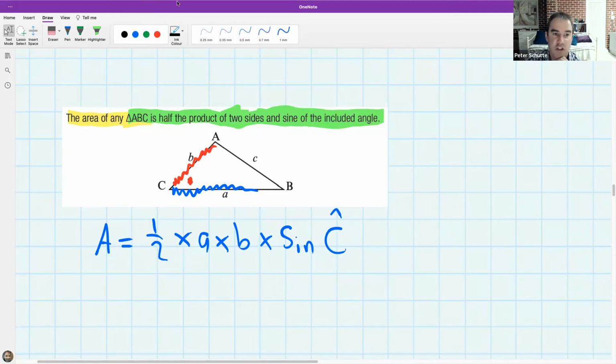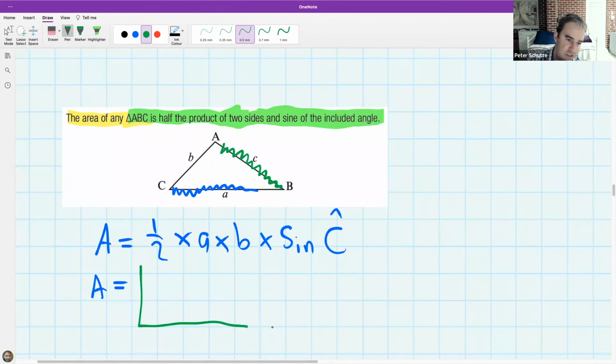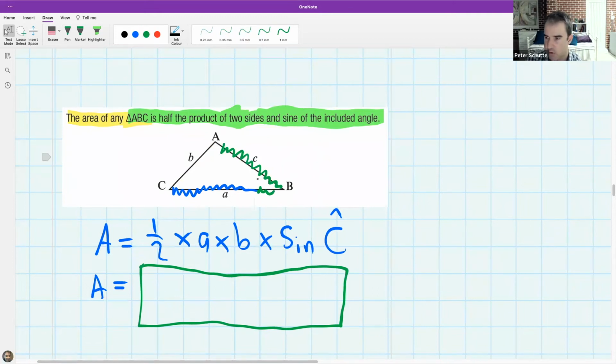Okay, now I want to set you a challenge, guys. I want you to write the area rule not in terms of A and B, but I want you to write it in terms of A and C. And so I want you to try and write out the area rule for me in the chat. Write out what you think I'm going to get if I'm using these two sides that I've highlighted on the screen right now.